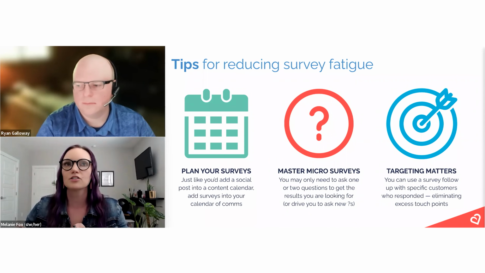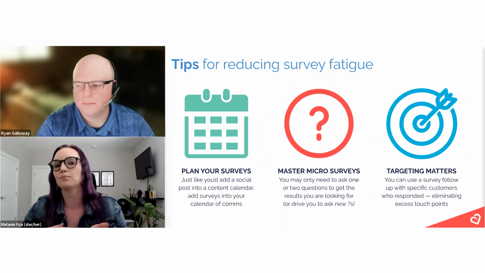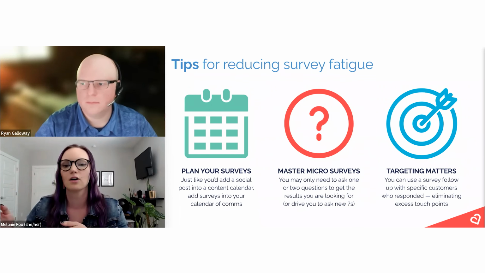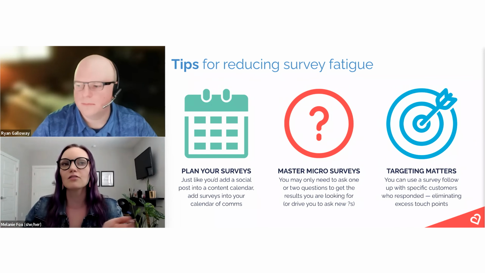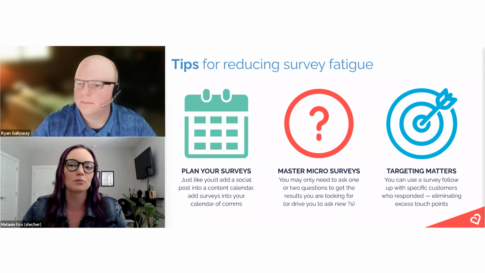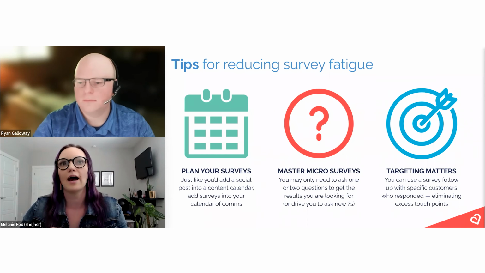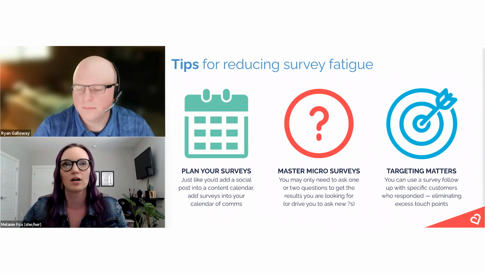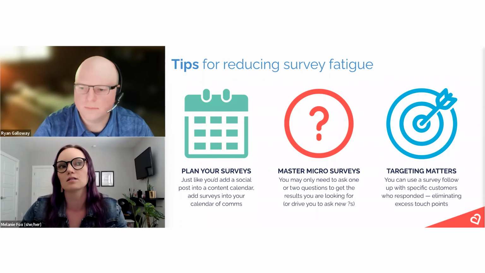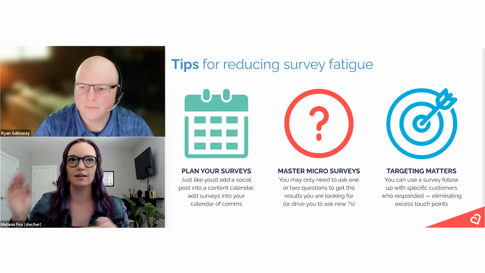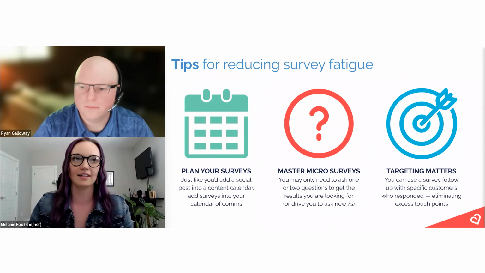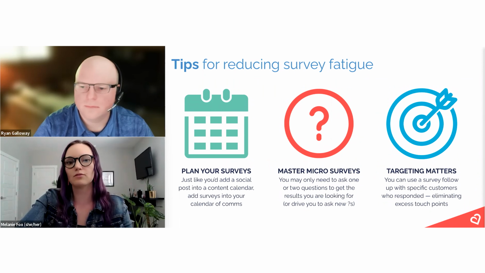And it'll allow you to track how many surveys you're actually putting out into your audience, especially if you have a large team and a little bit of crossover there. It sounds like a no-brainer, but you'd be shocked at how many people are super reactive with their feedback strategy versus proactive when it comes to gathering the right customer feedback. So plan it out. If you're anything like me, if it gets put on the calendar, it's going to get done, right? So great for tracking.